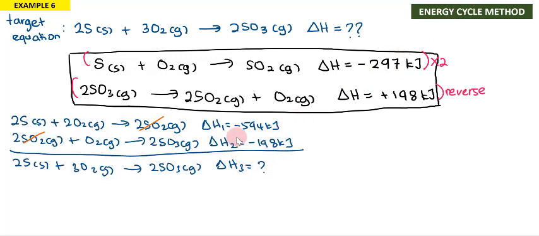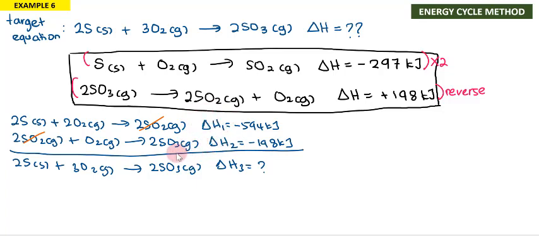If you still remember, this is the equation that we already rearranged to form our overall equation that is the same as our target equation, so that to find the delta H3 is equal to the summation of delta H1 and delta H2.